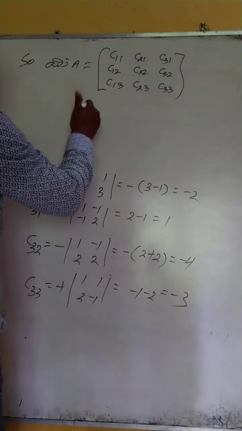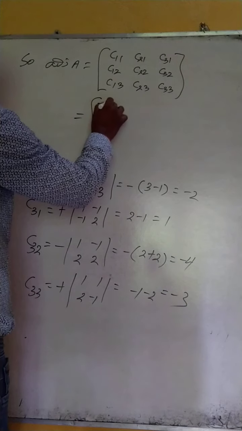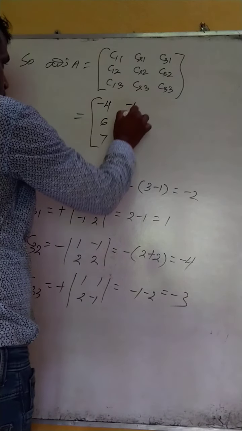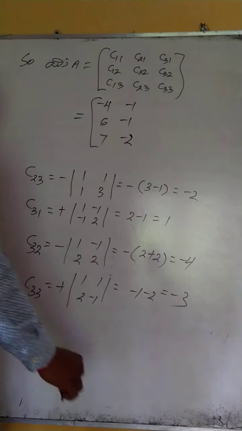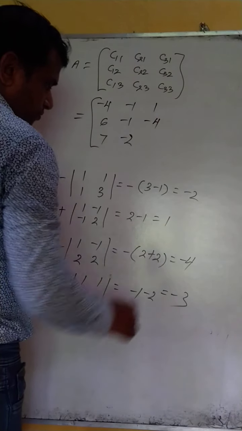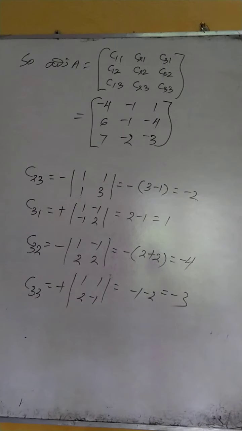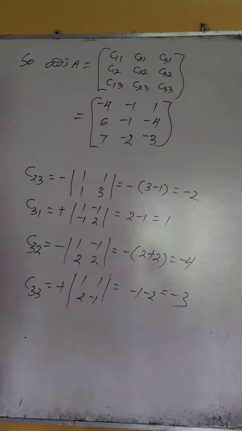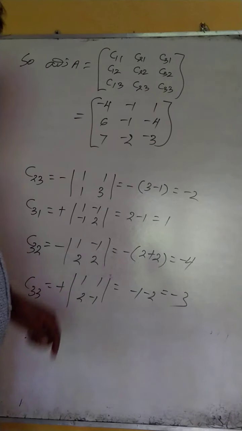The values of these cofactors give us -4 6 7, 1 -1 -1 -2, 1 -4 -3. Okay, this is the cofactor of the third order matrix A, the adjoint of the matrix A.